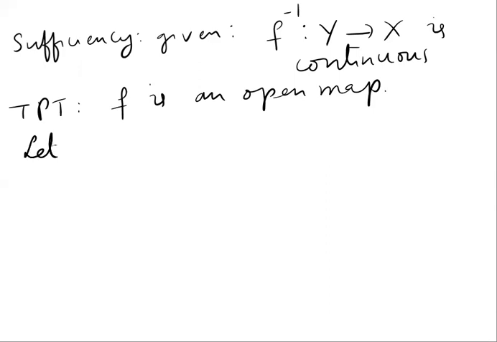So let A be an open set in X. Why are we taking it in X?